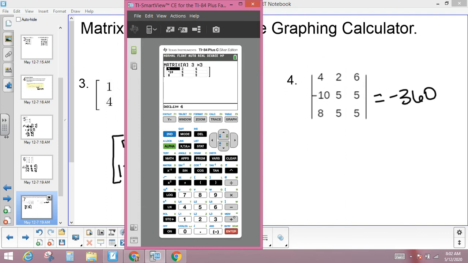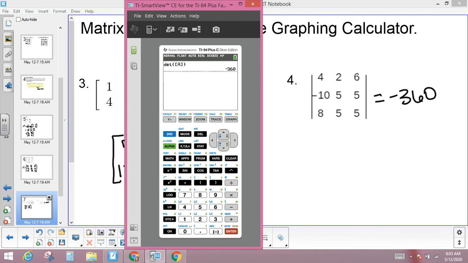All right, so second quit, it'll go away and save, and we go back to matrix, over to math, we want the determinant, and then back to matrix, and we want the determinant of what we put into A. And it gives us our negative 360. I think I just said 36 a while ago. Anyway, negative 360 is the determinant of that matrix.